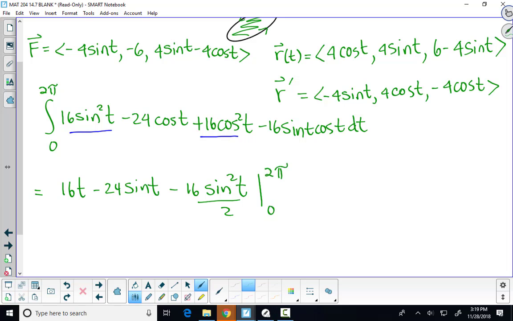These two, when we add together, we get just 16 because it's a circle. This one, we're going to let u be sine of t, so then du is cosine t, so it's just u squared over 2. And then that one goes away.